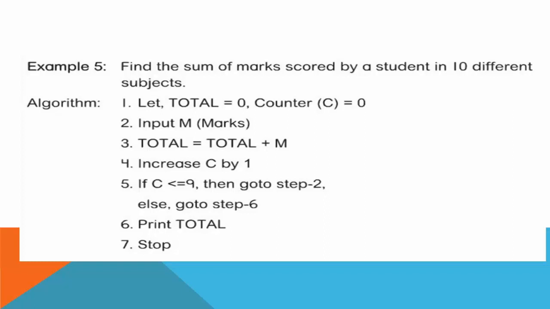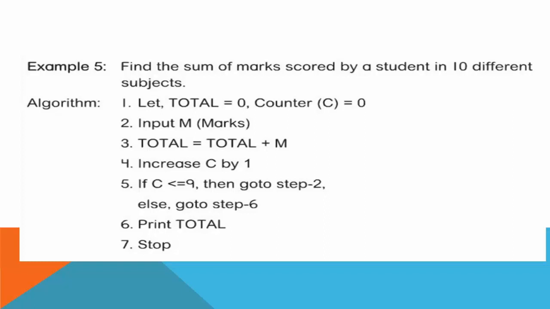The old total was 0, so 0 plus the first marks that you have entered will be stored in the variable total. So the value of the variable total will shift from 0 to the new marks. Then the next step will be increase the counter, that means C, by 1.